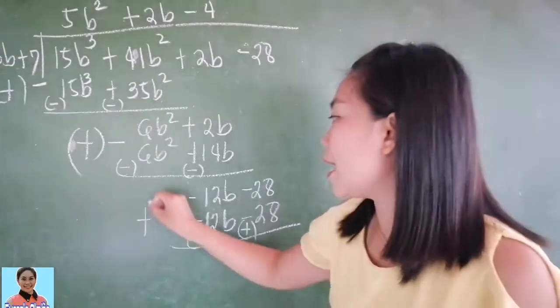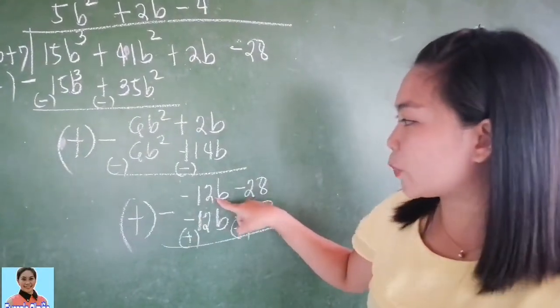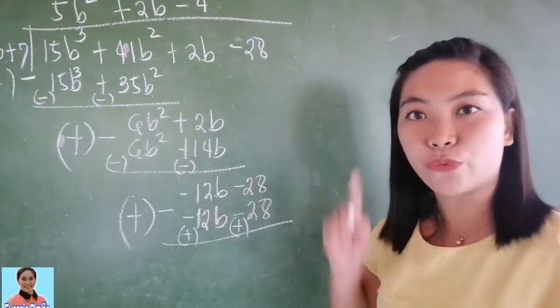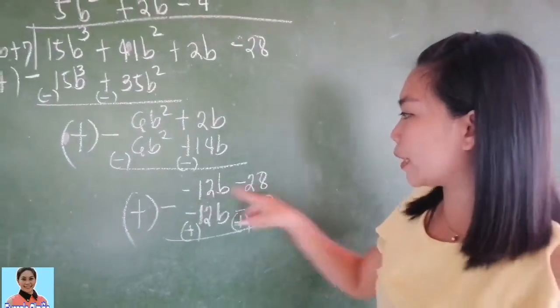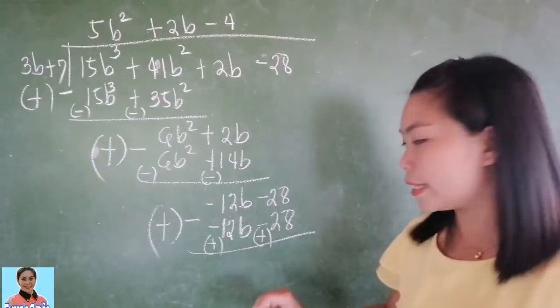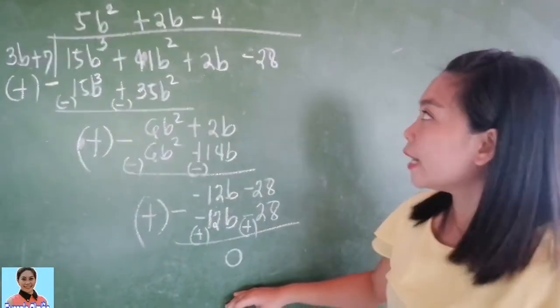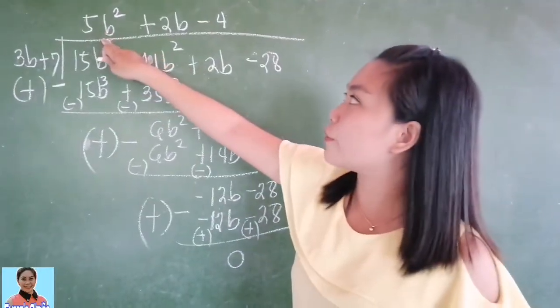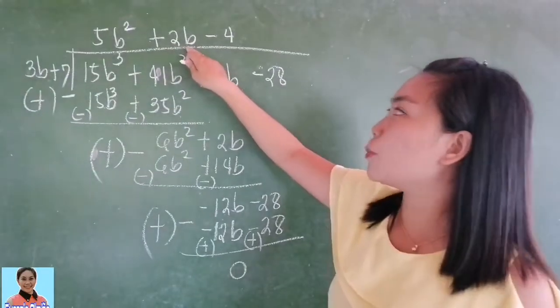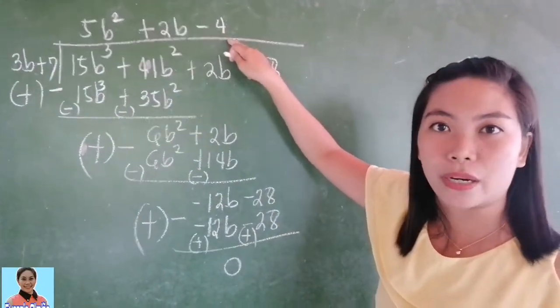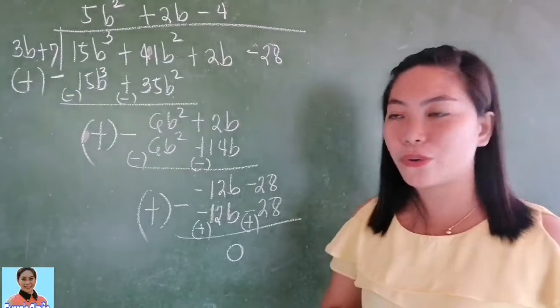Then, proceed to addition. So, negative 12 plus positive 12, of course, 0. Negative 28 plus positive 28, 0. Therefore, our remainder here is 0. And the quotient will be 5b squared plus 2b minus 4. So, yan po yung magiging quotient natin.